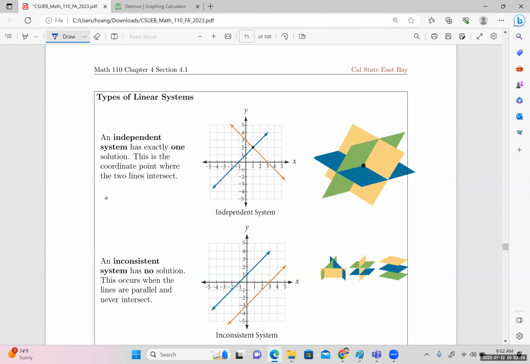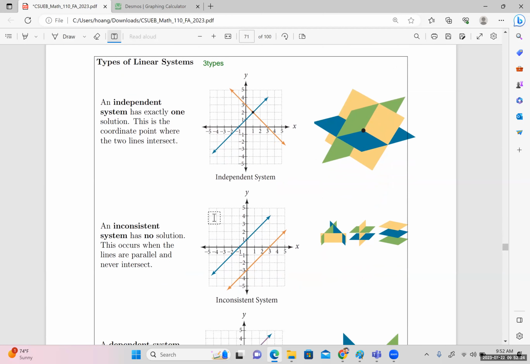So like I said before, we have 3 types, right? As you see below here, the first one is a system that has one intersection point, right? The second one has parallel lines, so no intersection.